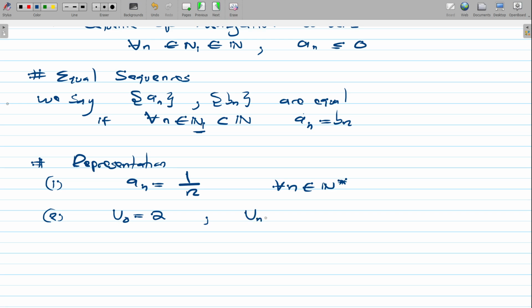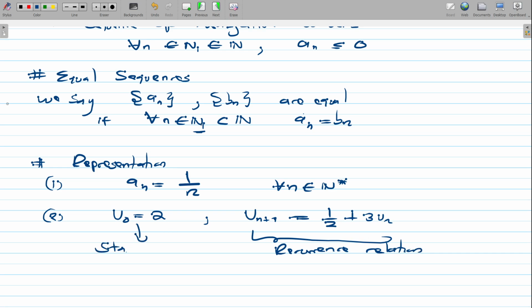So for example, they'll give you this recurrence relation, u n plus 1 is equal to, let's say, 1 divided by 2 plus 3 u n. Since you have this recurrence relation, you can find the subsequent terms of the sequence. Now this is known as a recurrence relation, and this is going to be the starting term, right?